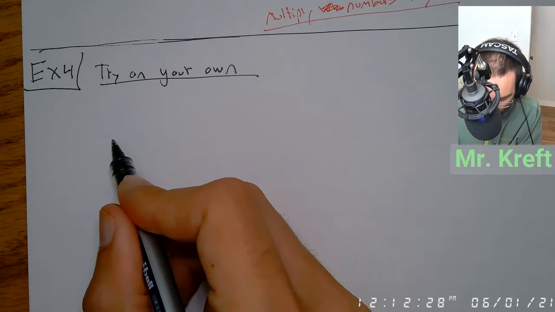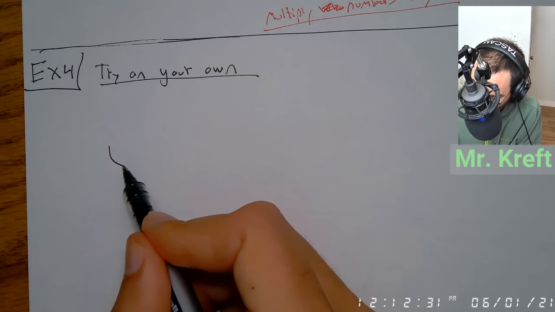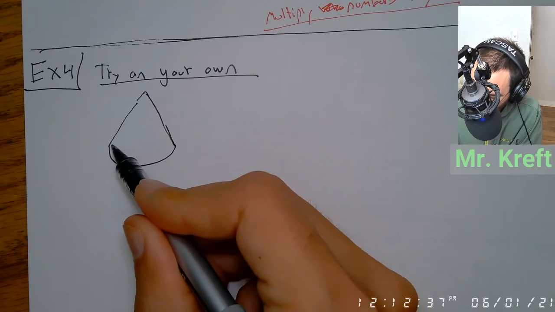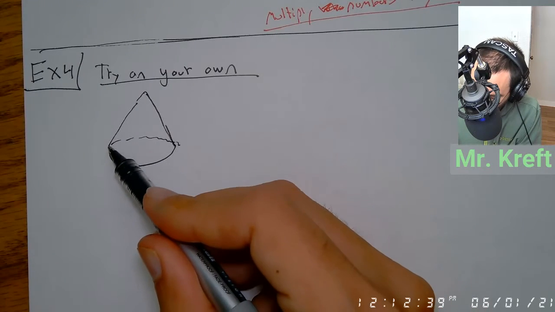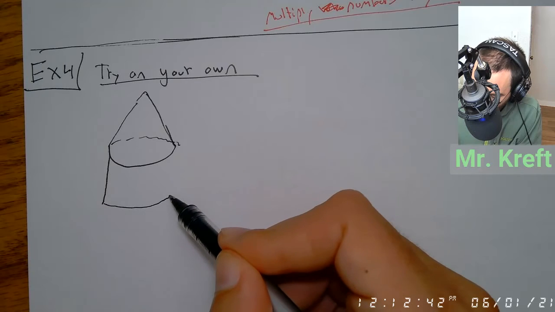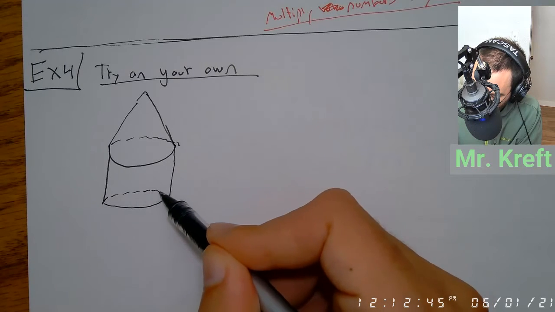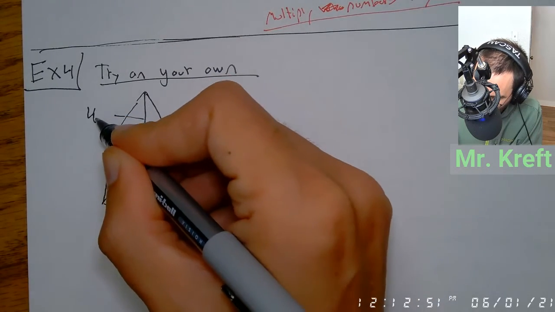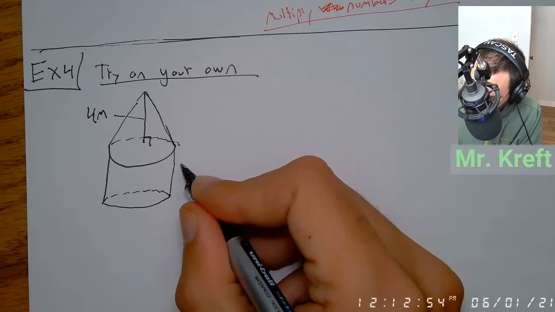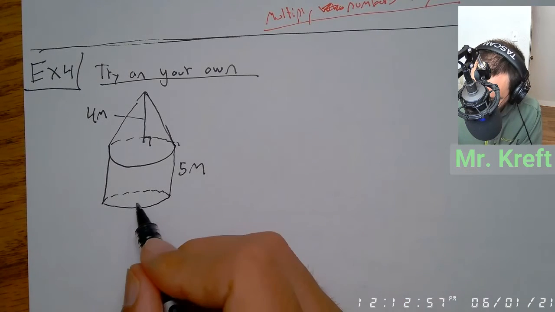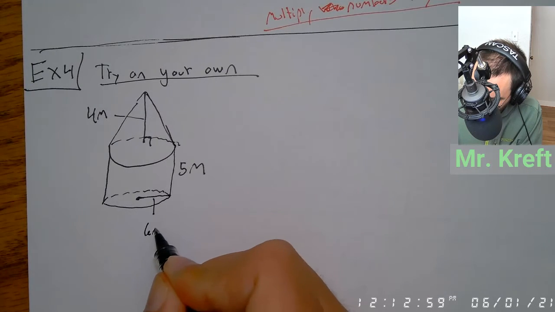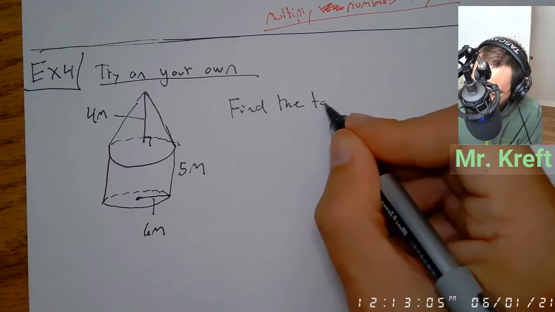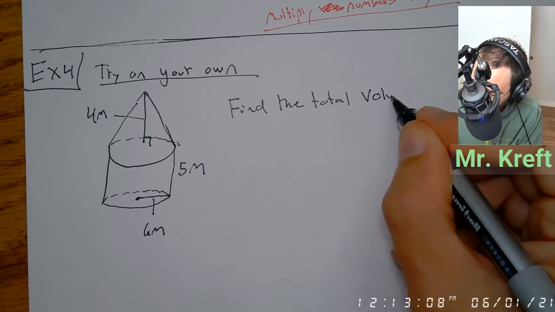We have a cone, and that cone is on top of a cylinder. This height is 4 meters. This height is 5 meters. And this is 6 meters. I want you to find the total volume.